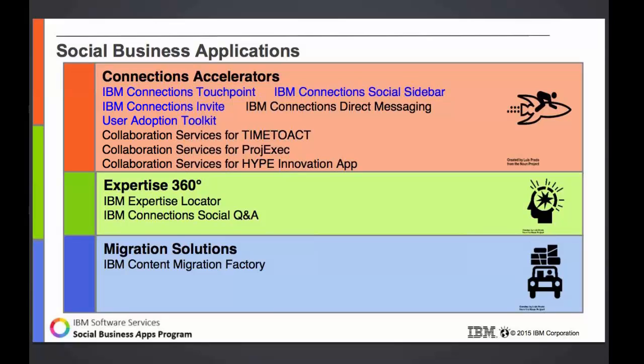So it's a way to provide a structured top-down presentation of information to complement the sort of grassroots, bottoms-up social contributions that you see in Connections. So that's Time to Act XCC, and we bring that together as part of a services project to deploy into a Connections environment.